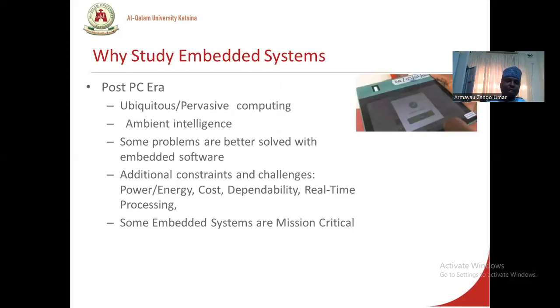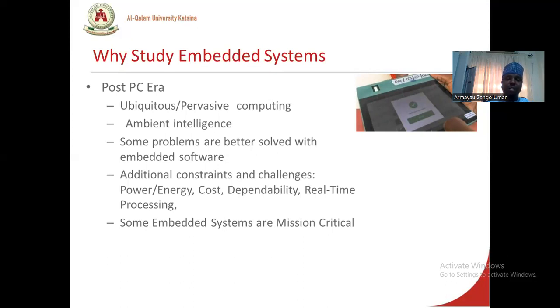So why do we study embedded systems? This is a kind of motivation. Why do we even need to study them? One of the reasons is the post-PC era. It has been prophesied that in the near future, and I believe the future is already here, computing will become ubiquitous and pervasive.